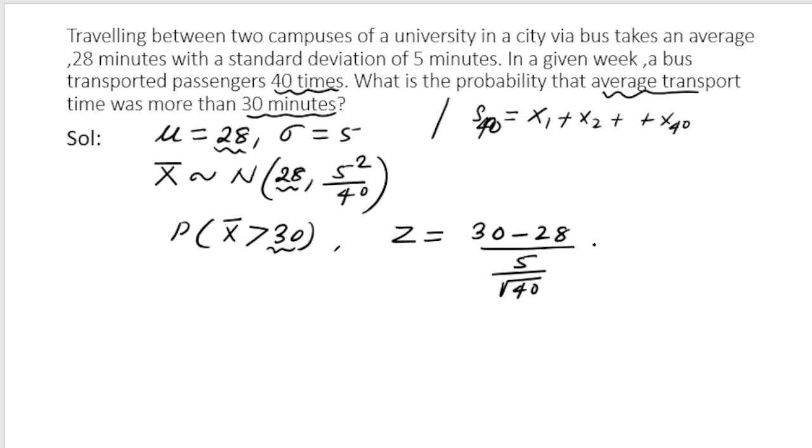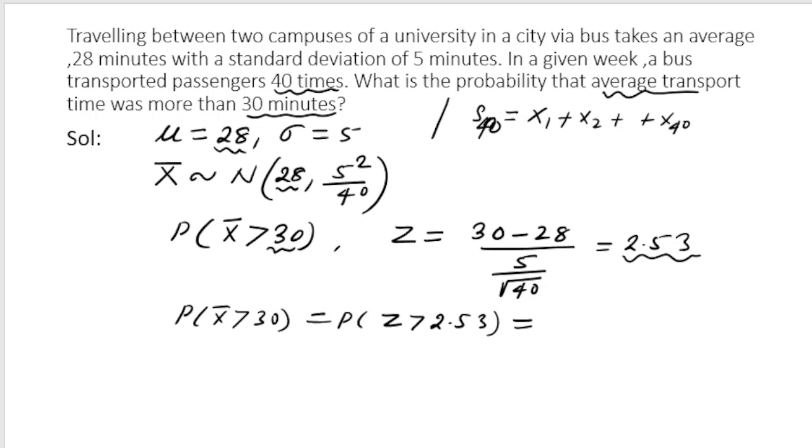If you calculate this value, it will be 2.53. I would suggest you to calculate this value, 30 minus 28, 5 by under root 40. So probability for x bar greater than 30 is equal to probability for z greater than 2.53.